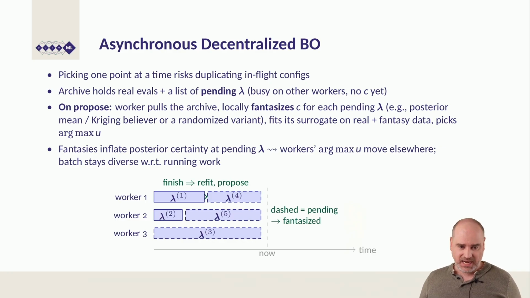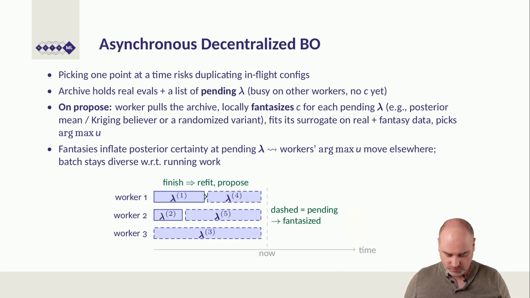These fantasies inflate the posterior certainty at a pending configuration, and then other workers who are argmaxing the acquisition function will move elsewhere. And the batch, I'm not sure whether I should call it a batch, but these different asynchronously evaluated configurations will stay diverse enough.